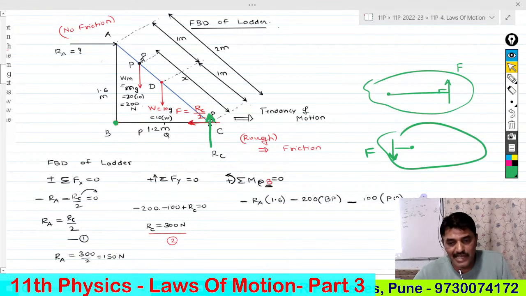I'm going to call this as the RC. RC is the force and the perpendicular distance is BC. And this is going to give me the anti-clockwise direction. Yes or no?